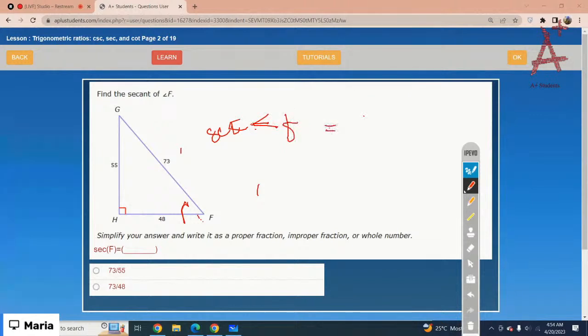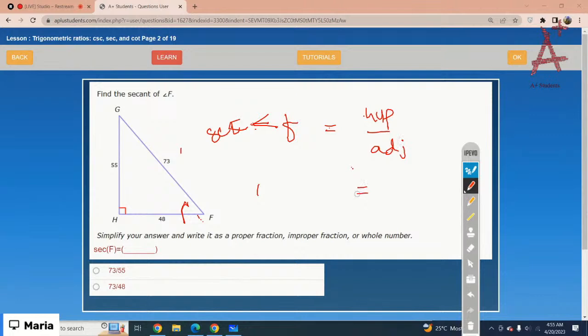So cos would be hypotenuse divided by adjacent.